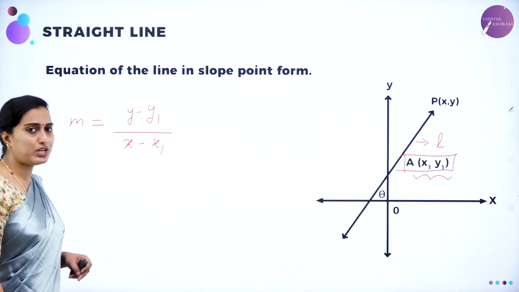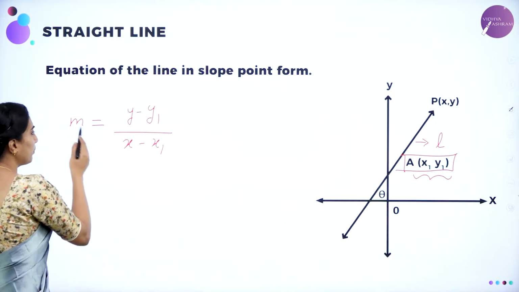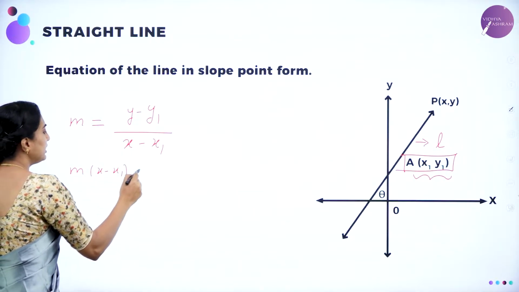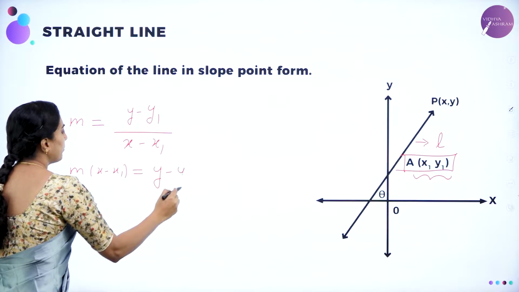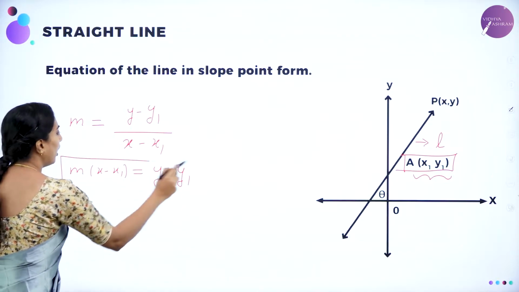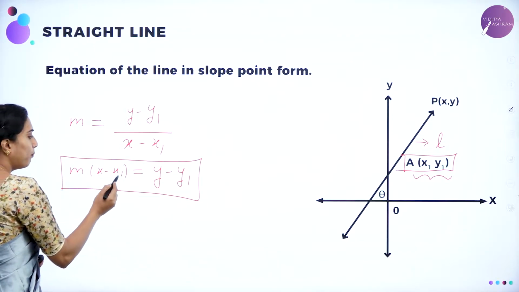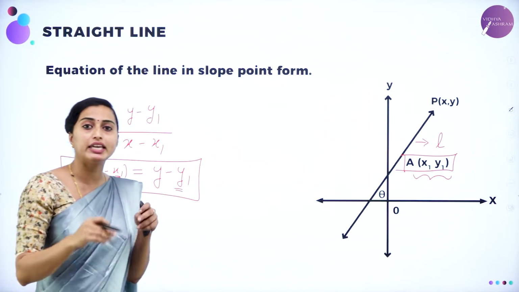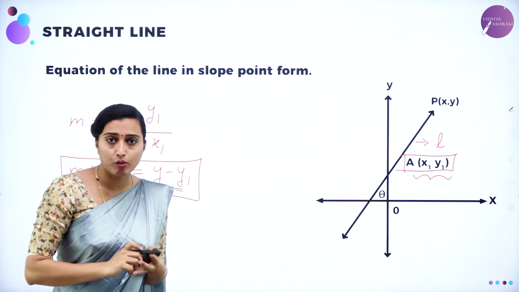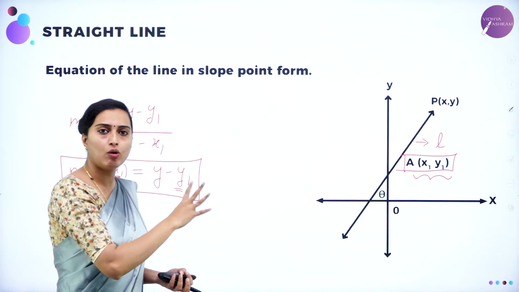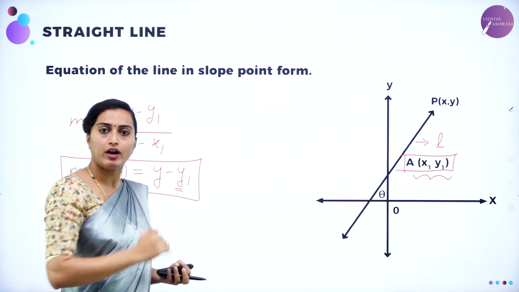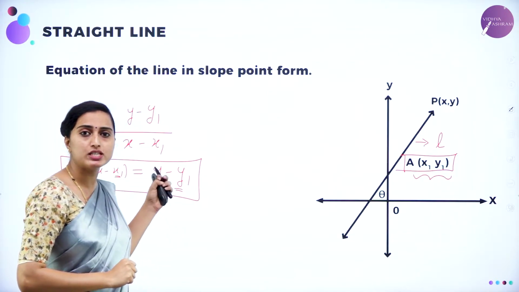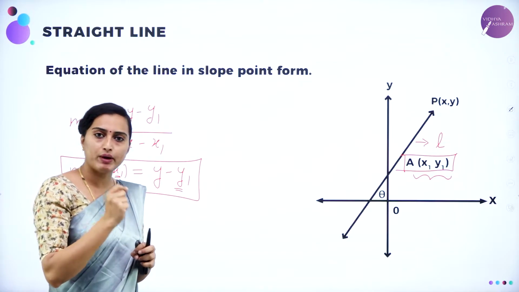Therefore, the equation can be written by cross multiplying: m(x - x1) = y - y1. This is called the slope-point form. Here (x1, y1) is the given point and m is the slope. Understood? What is the slope-point form given by? m(x - x1) = y - y1.